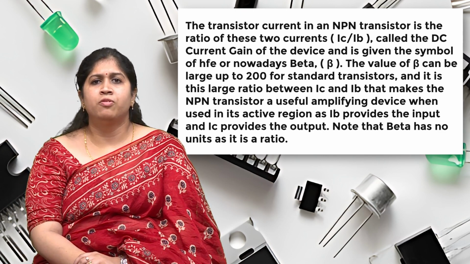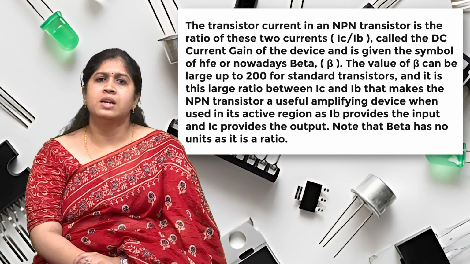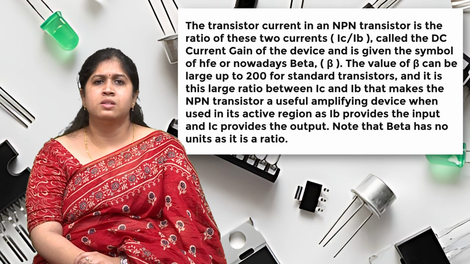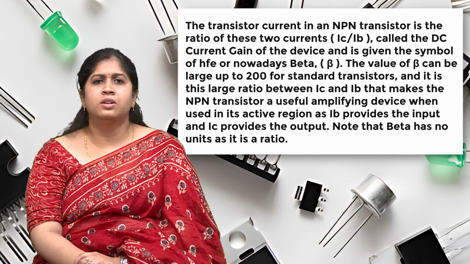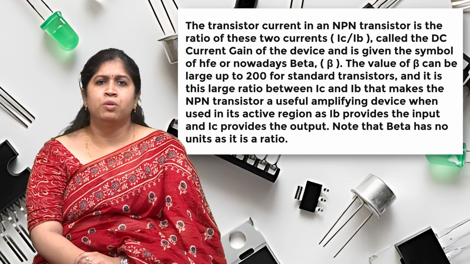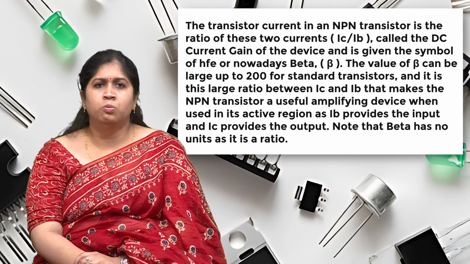The value of beta can be large, up to 200 for standard transistors, and it is the large ratio between IC and IB that makes the NPN transistor a useful amplifying device when used in its active region, as IB provides the input and IC provides the output.